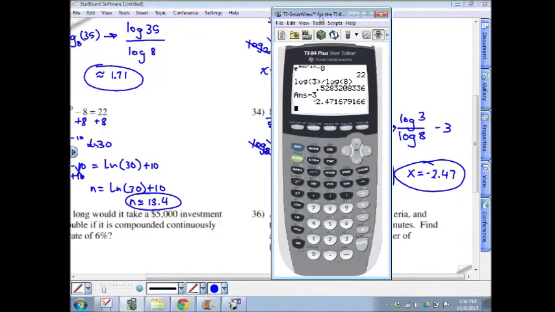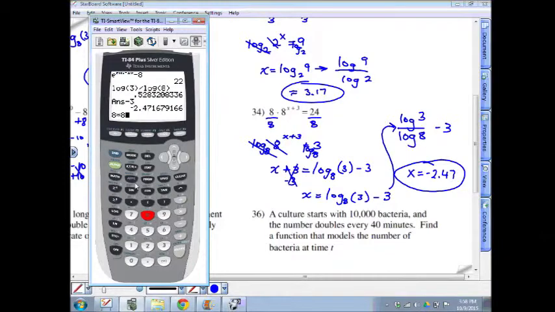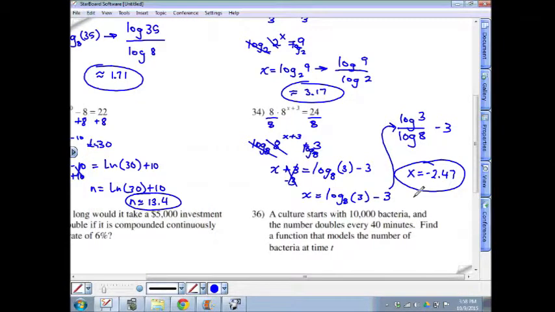And just to check, we should have 8 times 8 raised to a power of negative 2.47 plus 3, and that should equal 24.